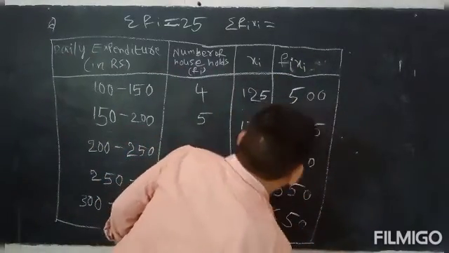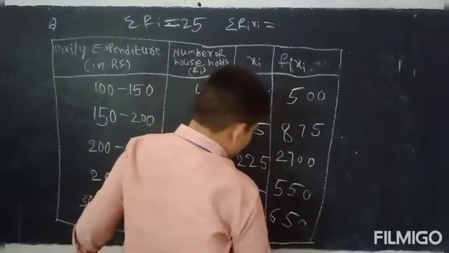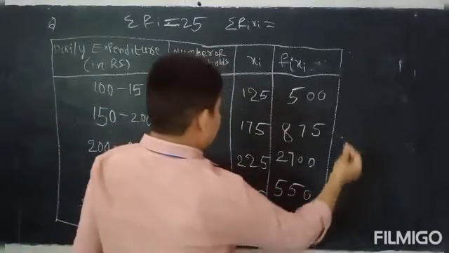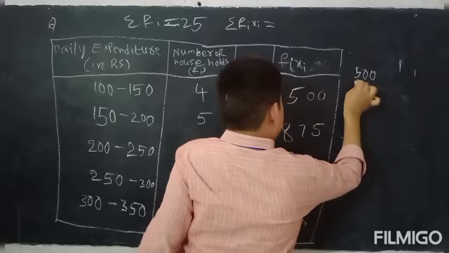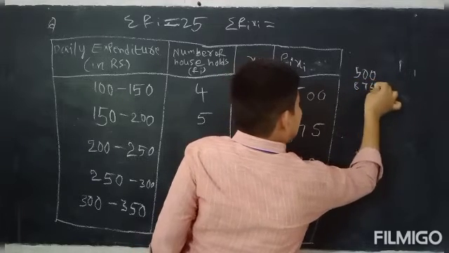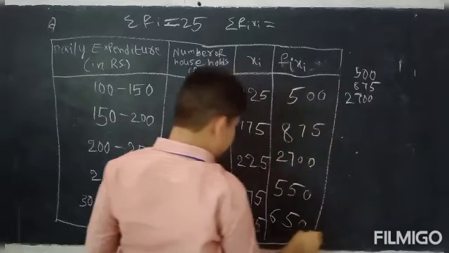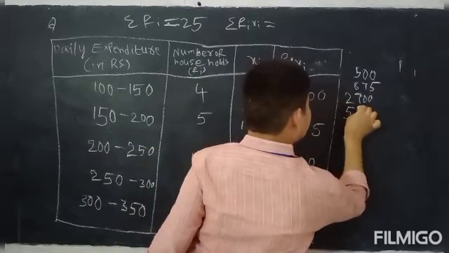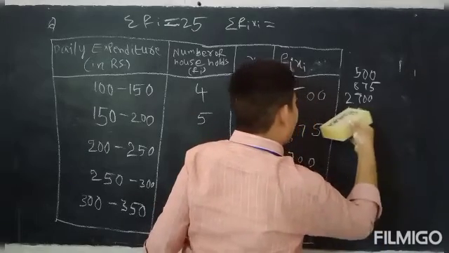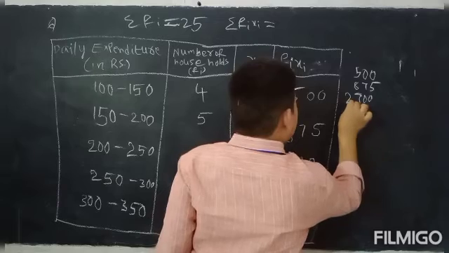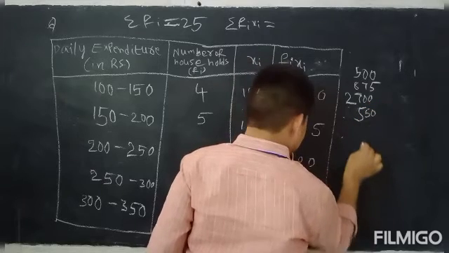Now add the total values: 500 plus 875, then 2700, next 550, next 650.